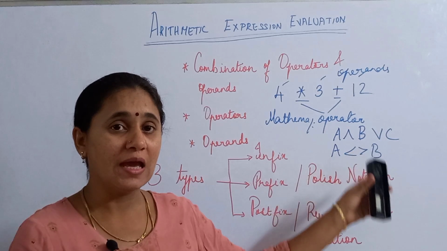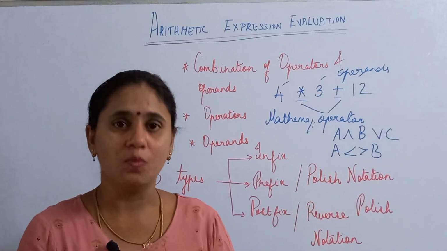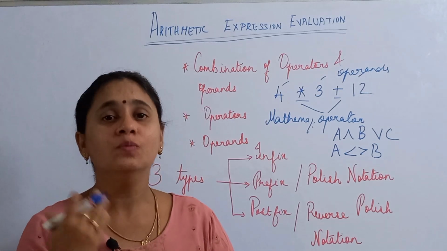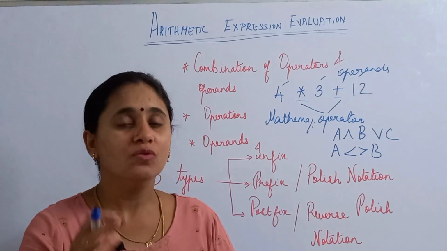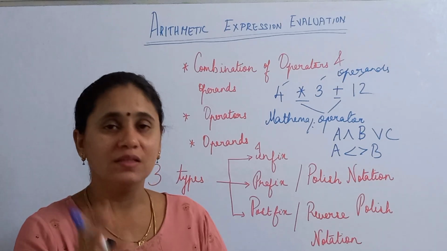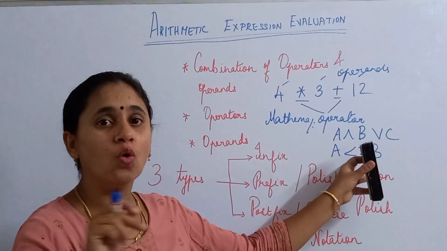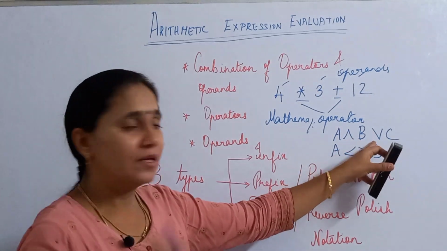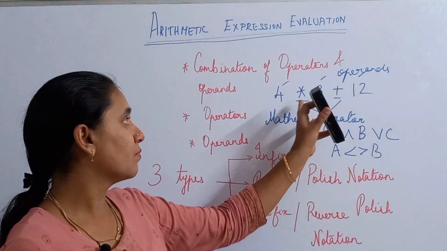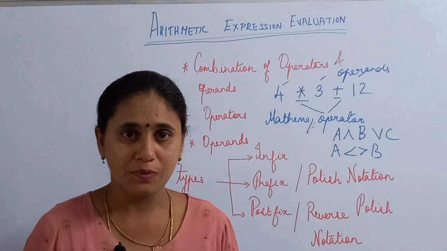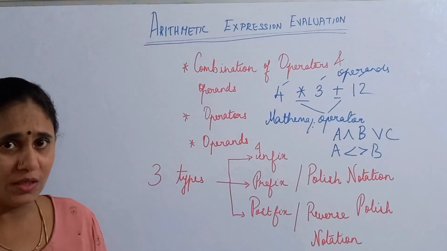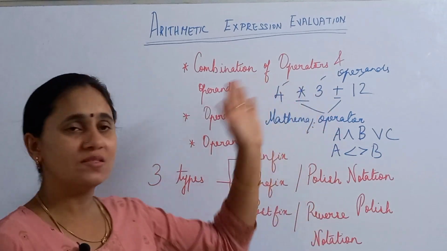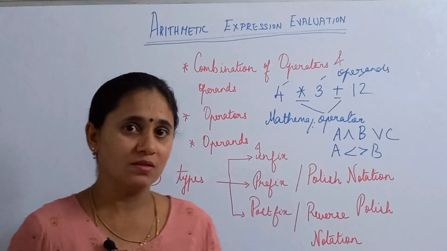So we have an enormous number of operators which we use with our operands for producing some solution. We give the meaning that this operator is a not equal operator, this is an AND operator, this is an OR operator, and these are some of the mathematical operators. Are you clear? We are feeding the system that the operators are this and the operands are this.